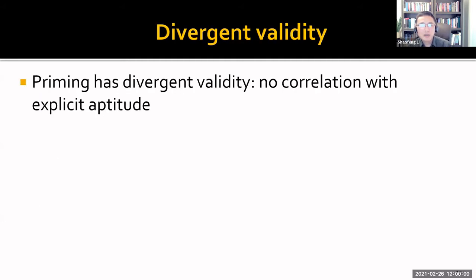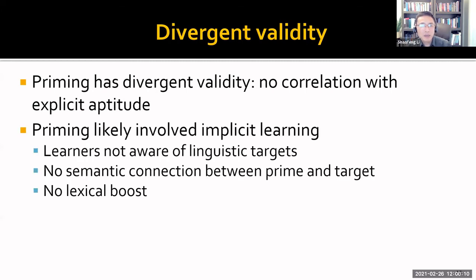In terms of divergent validity, priming indeed has divergent validity because it is not correlated with explicit aptitude. So priming likely involves implicit learning because there is evidence for such a claim.